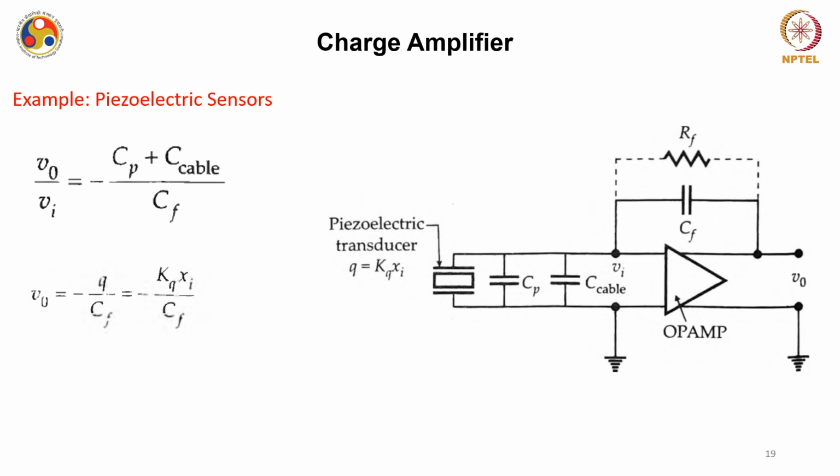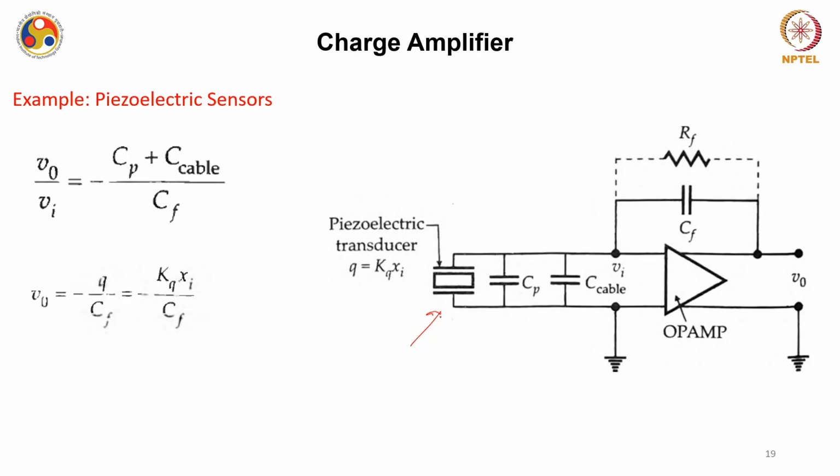Then there can be some complicated structure where, apart from parasitic capacitances of these sensors, there can be other capacitance of the cable. For example, this cable is connecting this transducer to the op-amp. So for precise detection you have to consider the capacitance of this cable also.